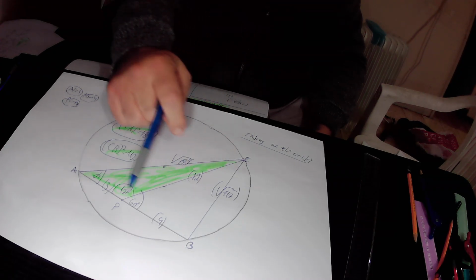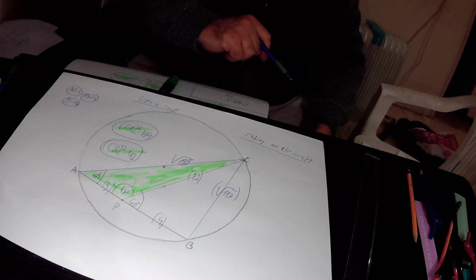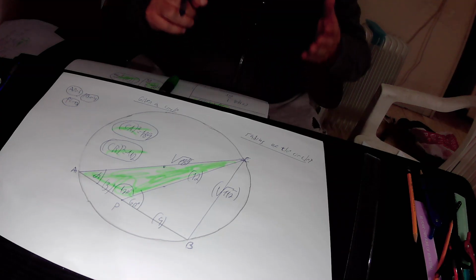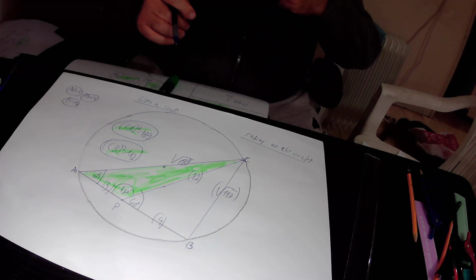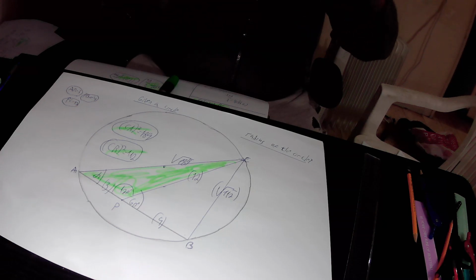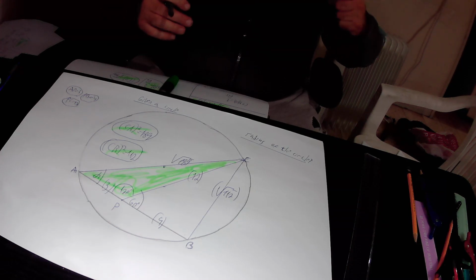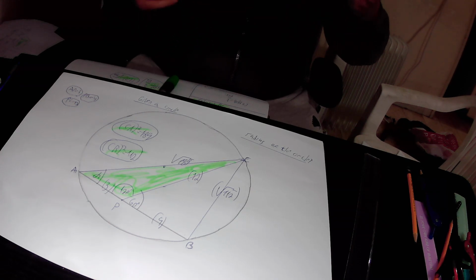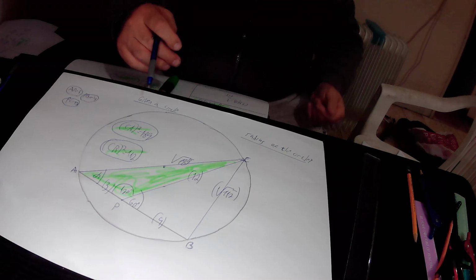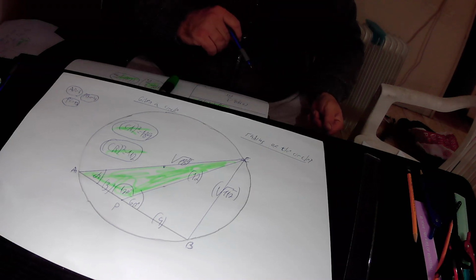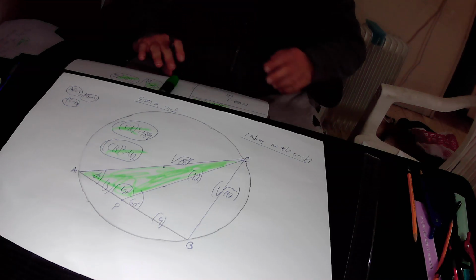You see that all three vertices, A, B, and C, lie on the circle itself. So this is triangle ABC that is inscribed in this circle. So you can implement the law of sines in its full version on this triangle ABC.